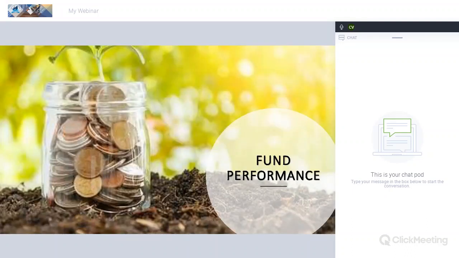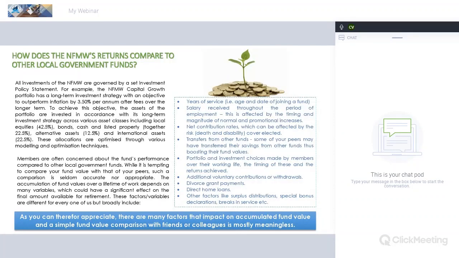Let's have a look at fund performance. The first thing to note is that we do compare your fund returns to other local government funds. We often get asked by members to compare their fund returns to their colleagues' returns. And this sometimes creates inconsistencies, or you sometimes compare returns that are not on a like-for-like basis.